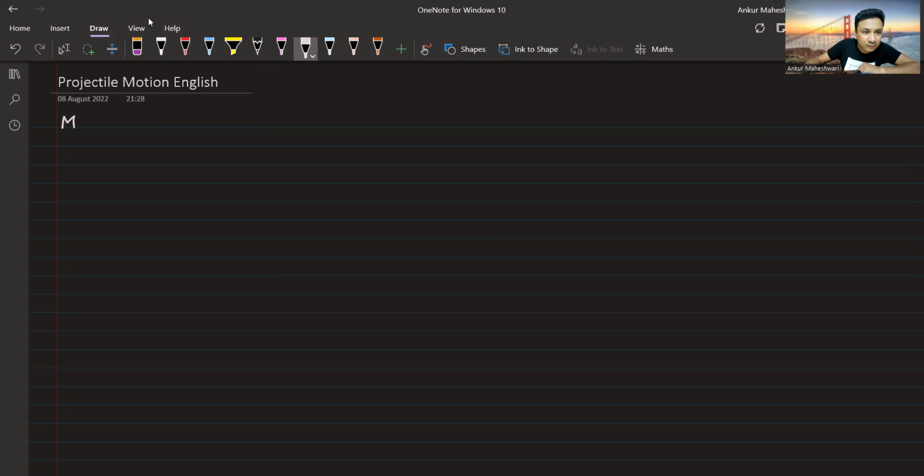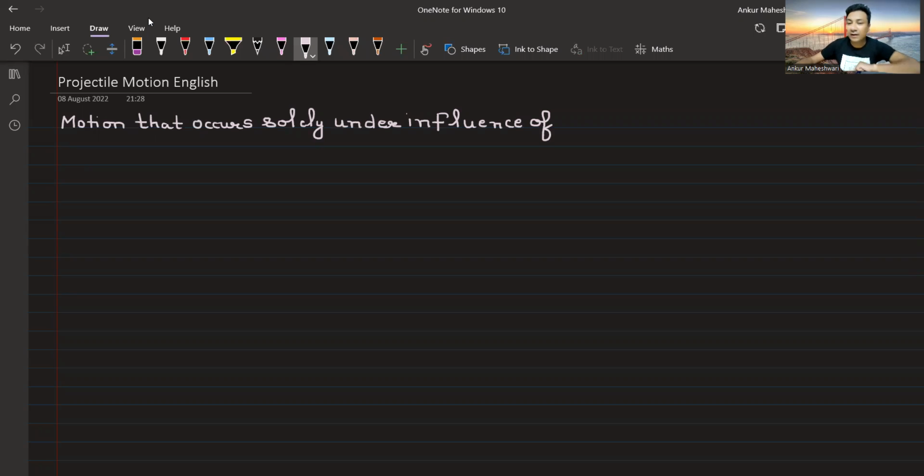That is the motion that occurs solely under the influence of gravity.